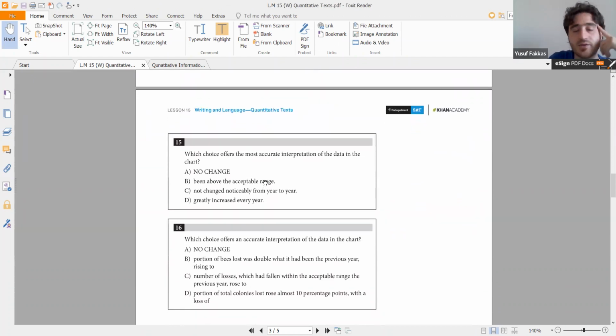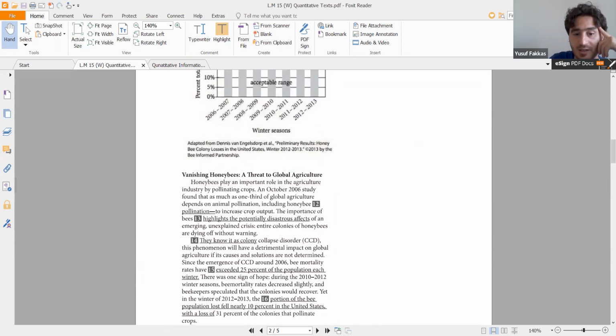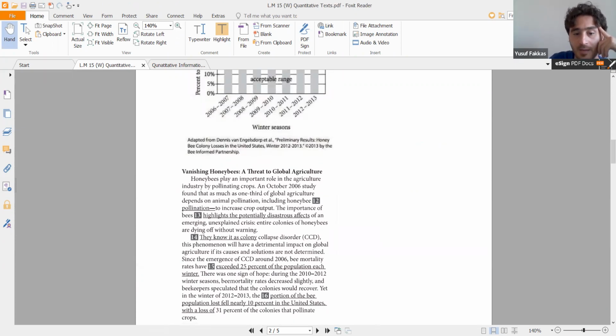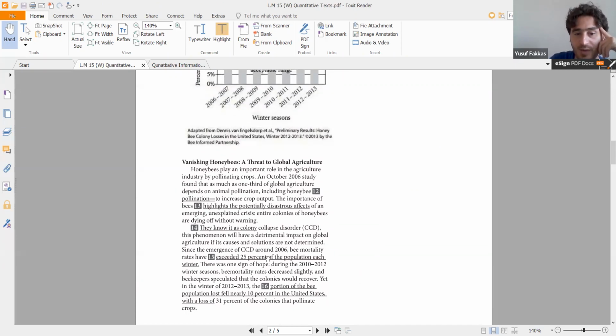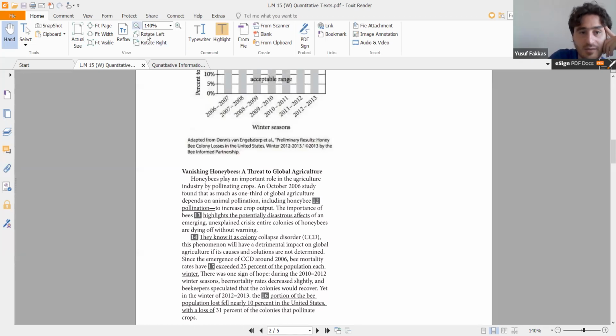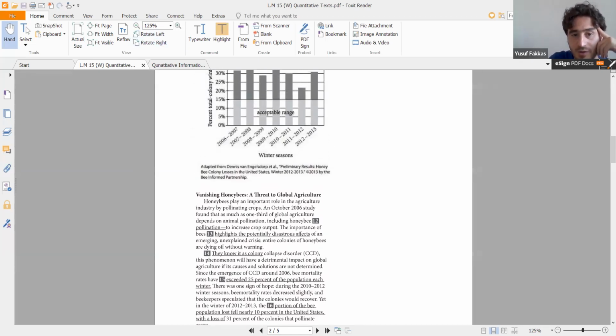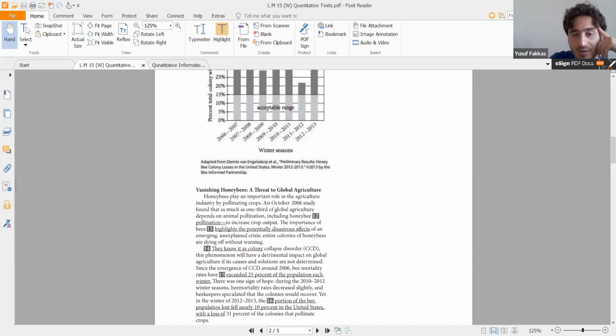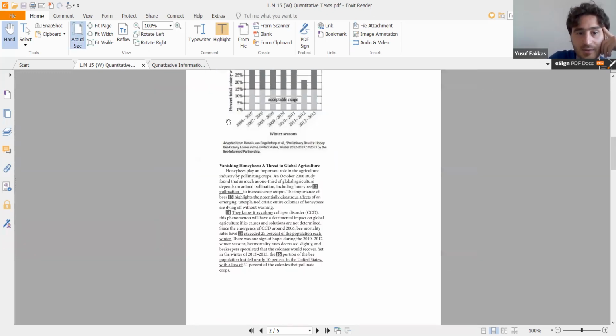I need you guys to do this question on your own. You already have the documents in the group. I cannot show you everything here. I'm going to keep it here on the passage and the graph. And then you use your documents that you have in the group so that you can answer the question.